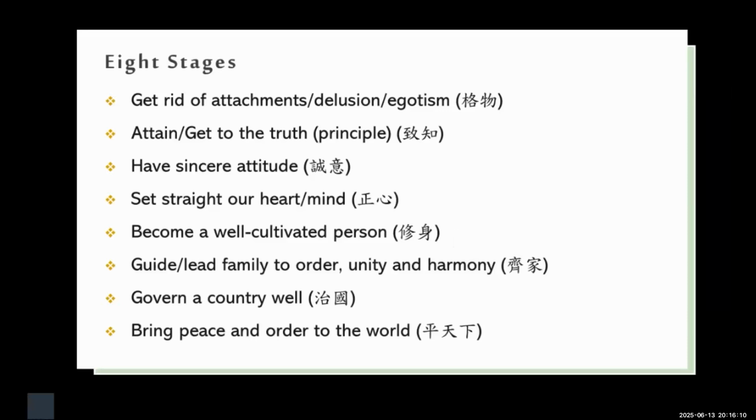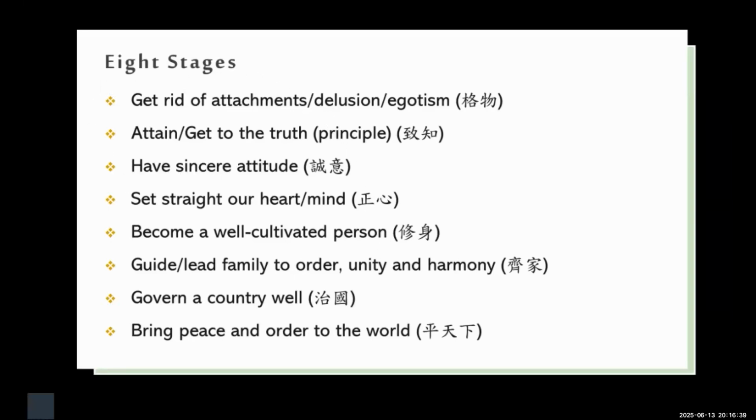Now we guide our family to order, unity, and harmony, and then in a still broader spectrum, to govern a country well, and then finally, to bring peace and order to the world. But later, I'm going to talk a little bit more about these 8 stages.